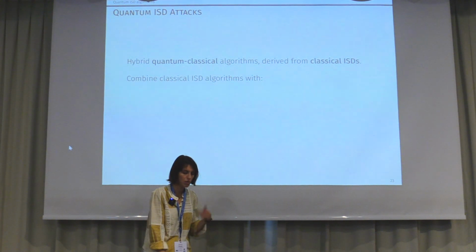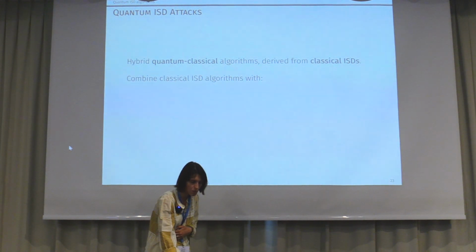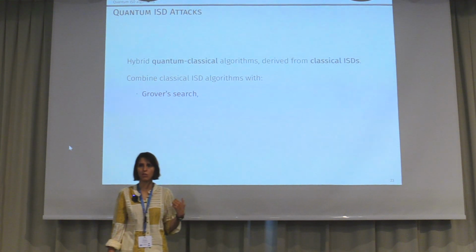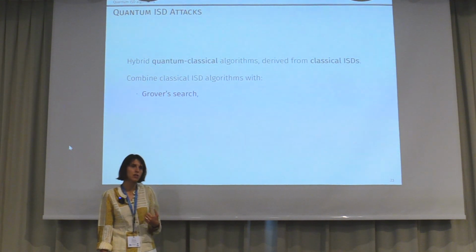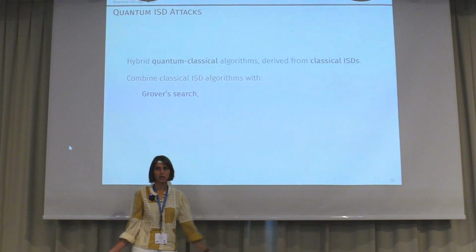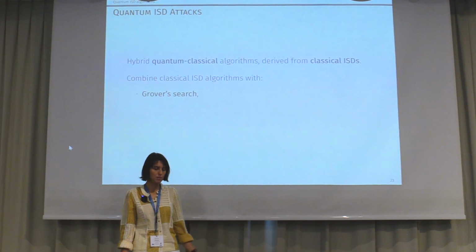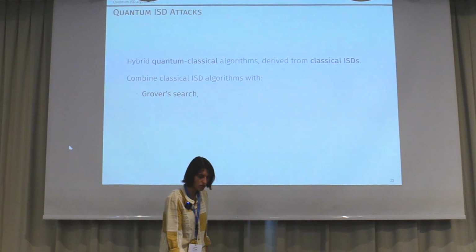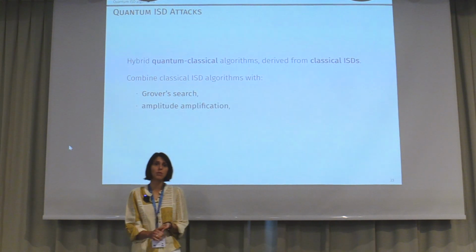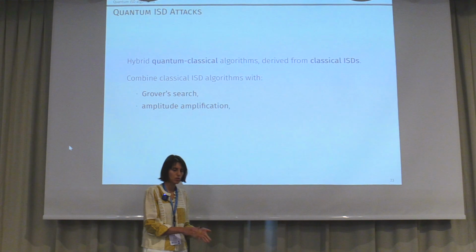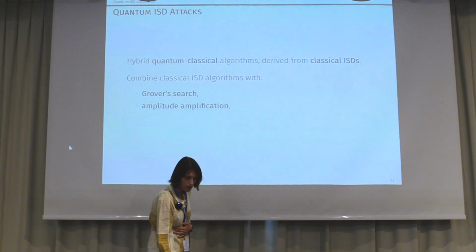And as I mentioned, we combine the classical ISD algorithm with some of the techniques that you have seen before. So Grover search, a very basic quantum algorithm that gives you the first quadratic speedup. Then the generalization of it is the so-called amplitude amplification that I will also recap in short.